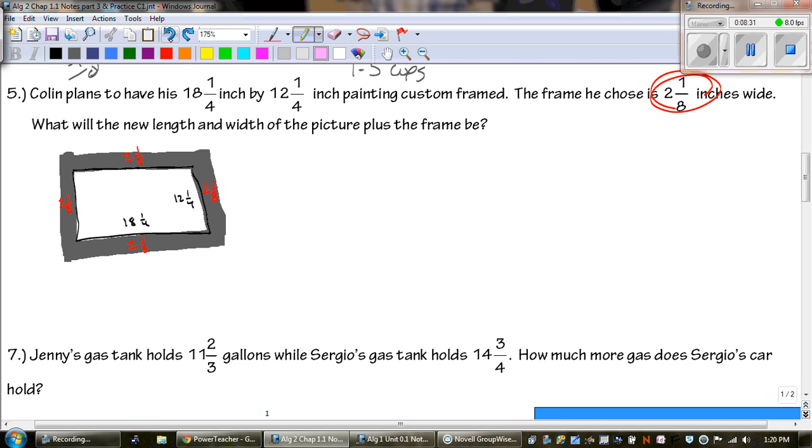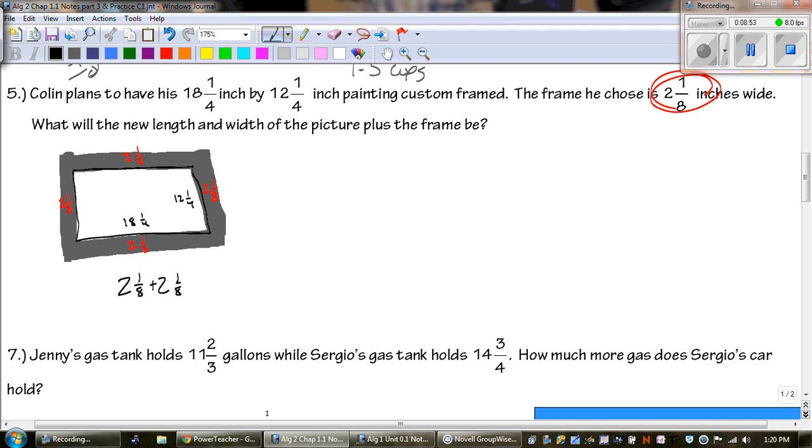Oh, I'm sorry. It would be going this way, so that'd be the 12 1/4. And then this way we would be adding up those numbers. So there's a lot of stuff that we're adding together. Now, for both of these, I need to know what 2 1/8 plus 2 1/8 is. That's the one we're going to be using the most.